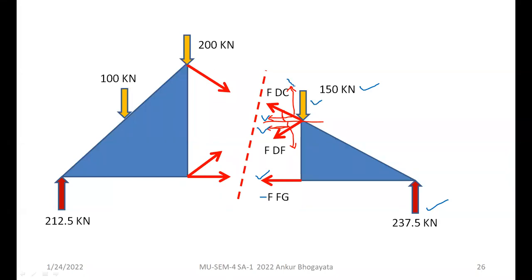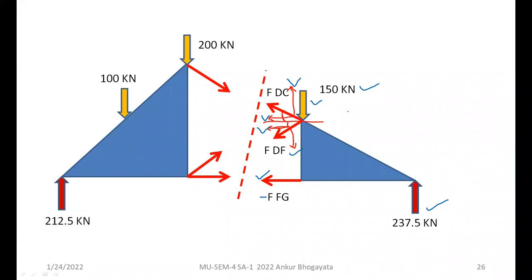Now this component of FDC sine theta will go upside, and this will go downside, FDF sine theta. And then finally, you see that sigma V and sigma H will not satisfy the requirement, like in one equation you have more than one unknown, then you cannot solve them.